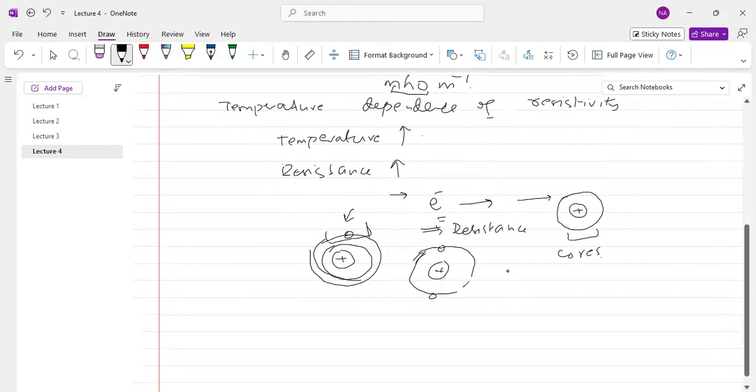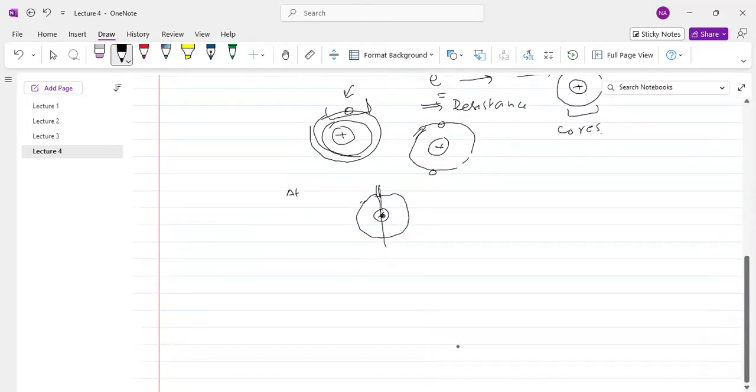Now, what happens when the temperature increases? At any temperature, these pores actually vibrate about their mean position. For example, this is the mean position of this pore, and they vibrate about it.